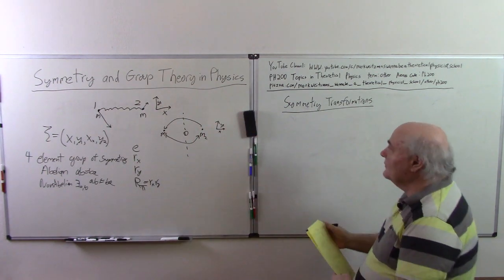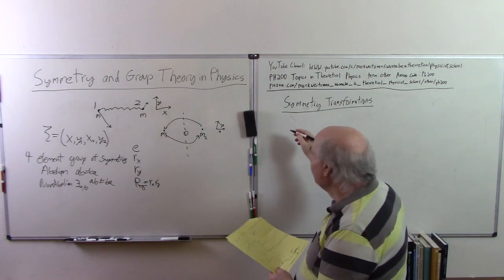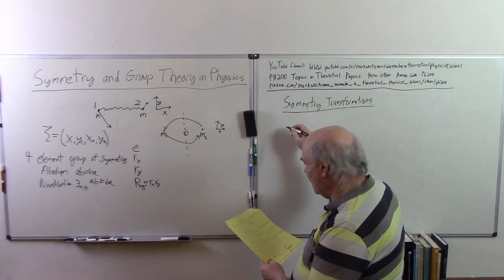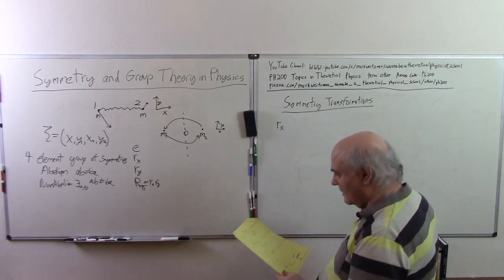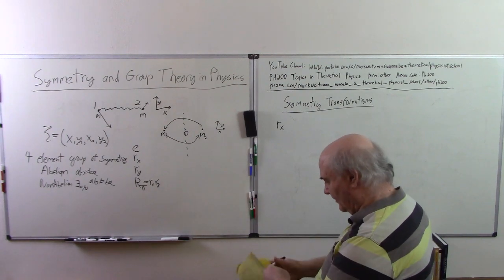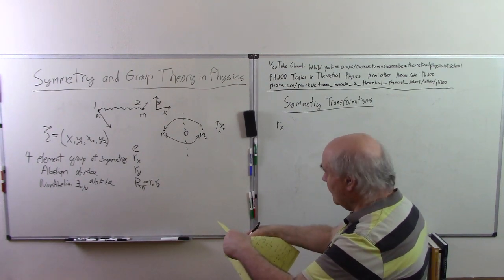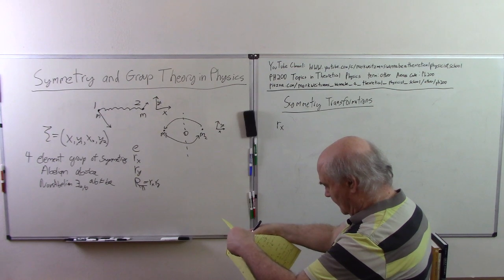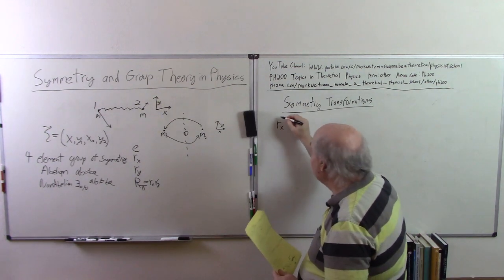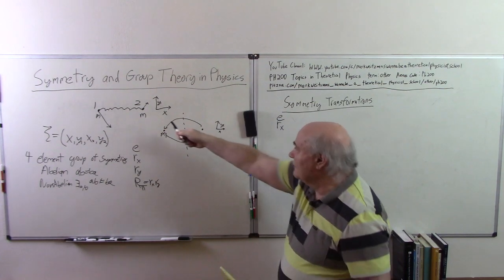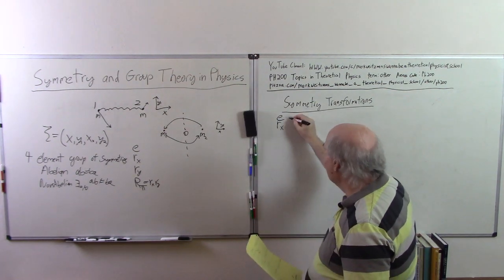Now, just looking at this diagram, let's say I apply Rx to that diagram. Okay, so if I apply the identity element, I just get back the same diagram.